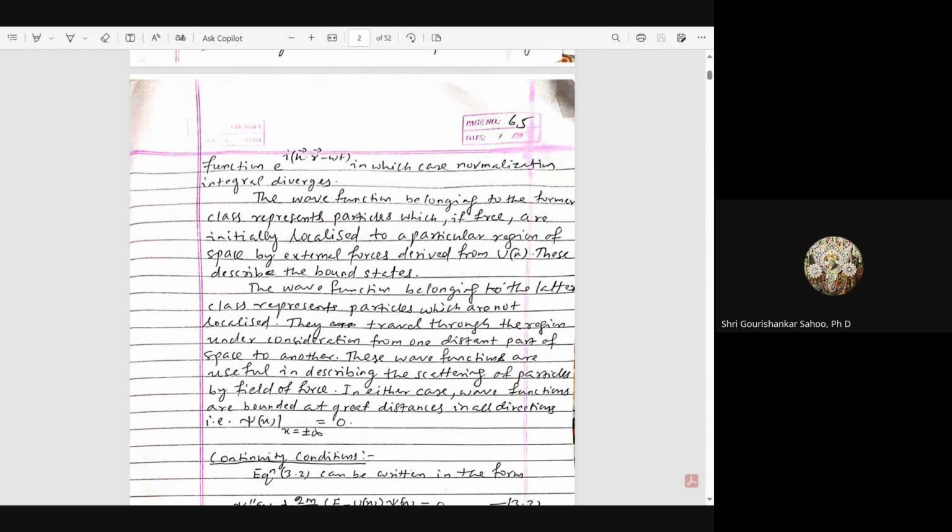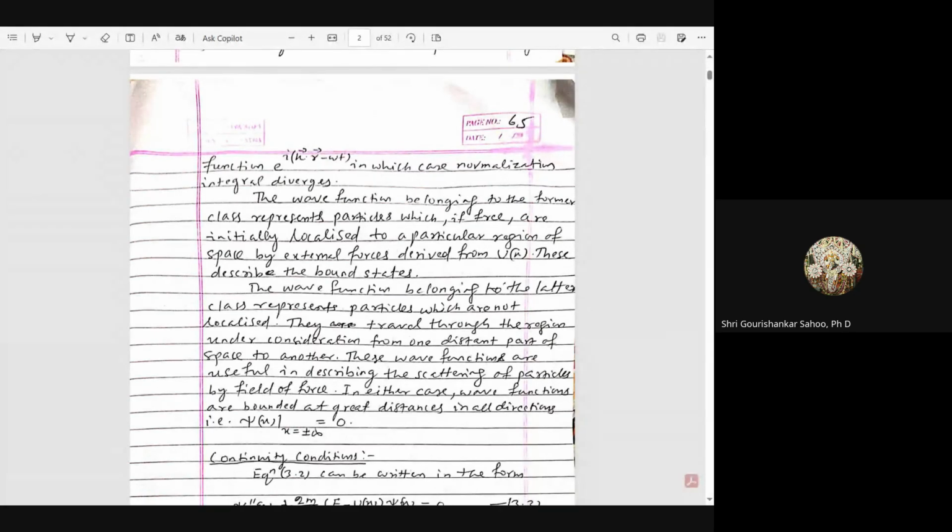And for the wave function belonging to the latter class, where the normalization integral diverges, the particles are not localized; they travel through the region under consideration from one distant part of space to another. These wave functions are useful in describing the scattering of particles by a field of force.